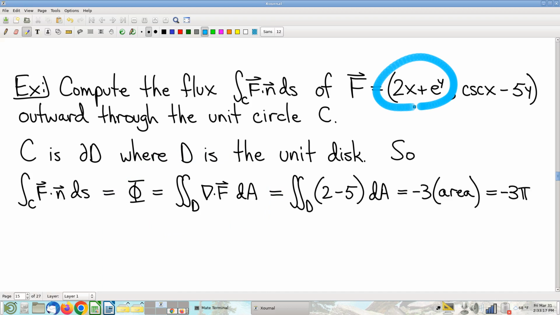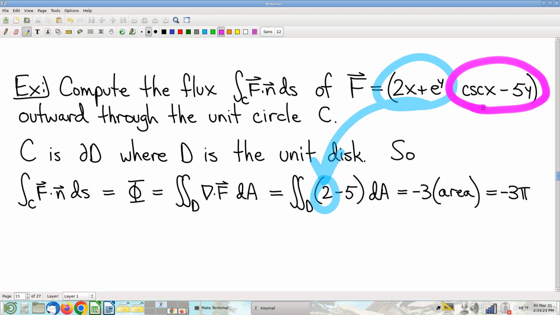The x partial of that gives me 2. The y partial of this gives me -5. And so a potentially really hard flux line integral turns into a really easy double integral, and we win. Everybody good?